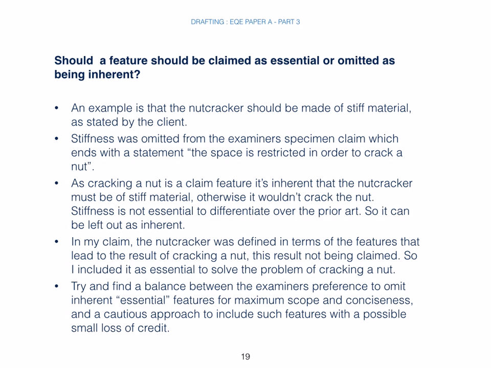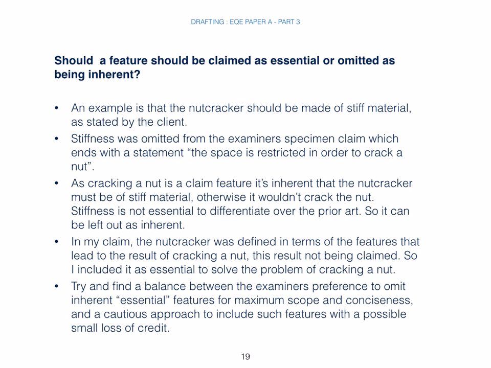Stiffness was omitted from the examiner's specimen claim, which ends with a statement, "The space is restricted in order to crack a nut." As cracking a nut is a claim feature of the examiner's claim, it's inherent that the Nutcracker must be of stiff material, otherwise it wouldn't crack the nut.